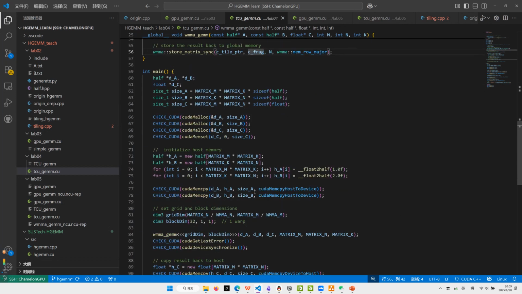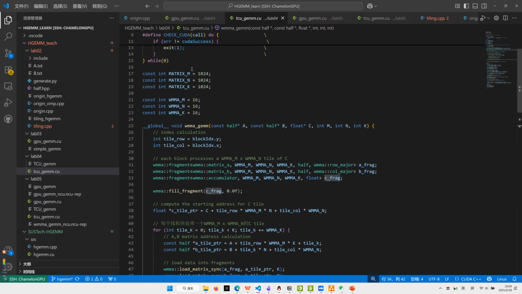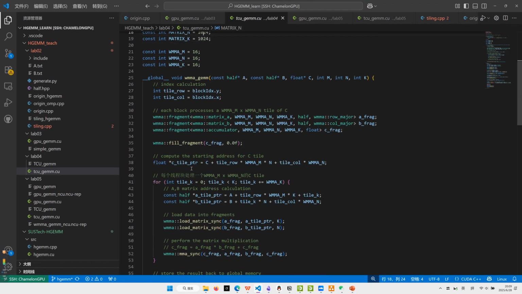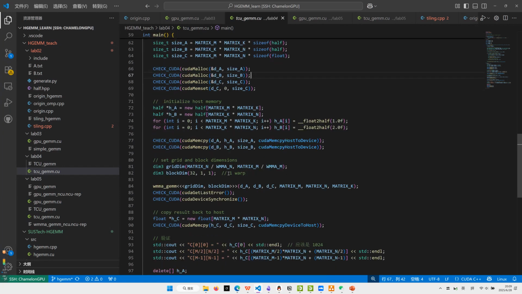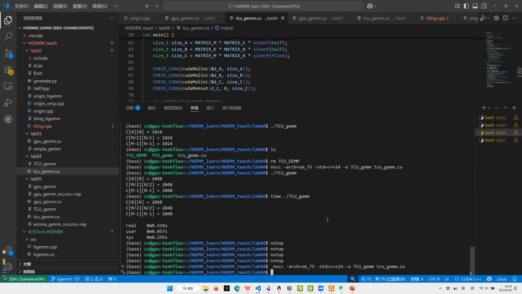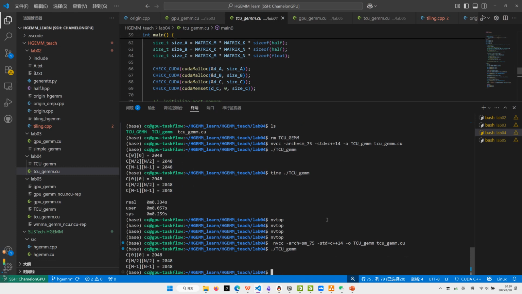Here I initialize the matrices with the size of 1024 by 1024 by 1024, where matrix A is 1 and matrix B is 2. Wow, that's very, very fast, right?